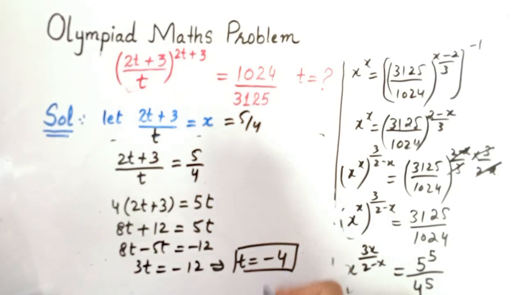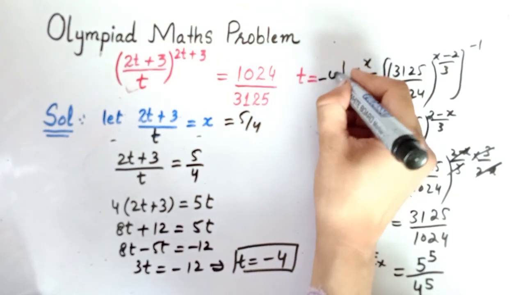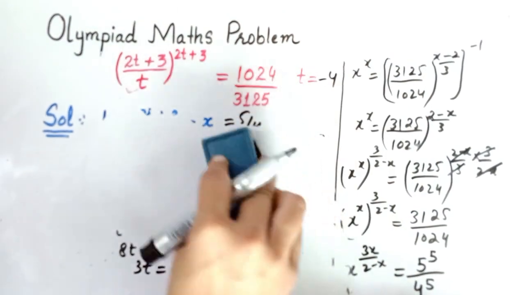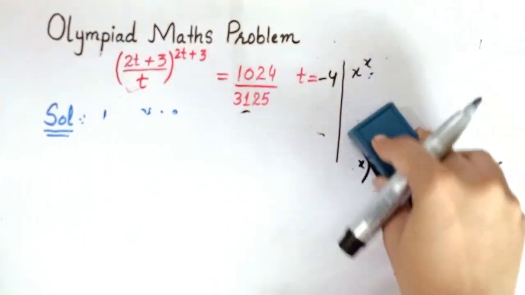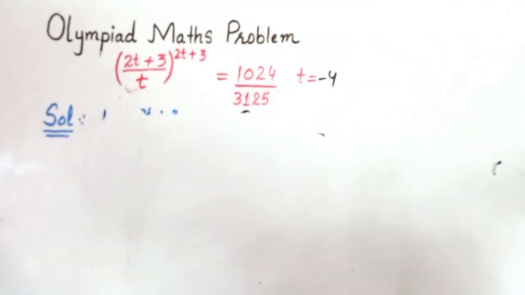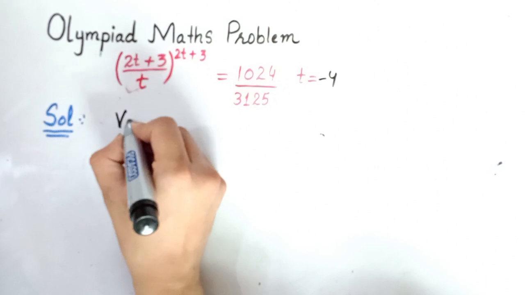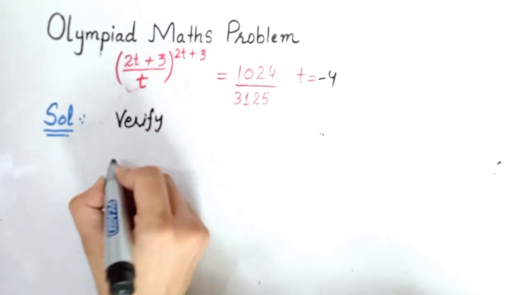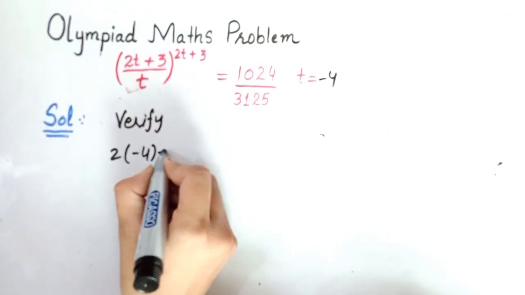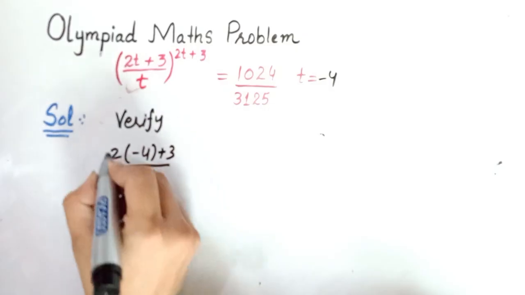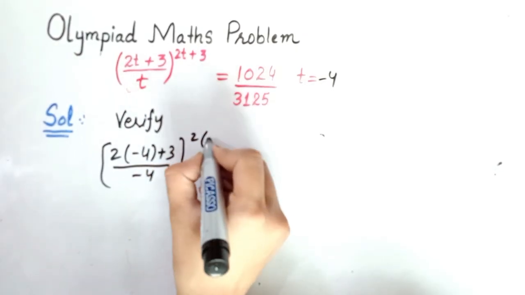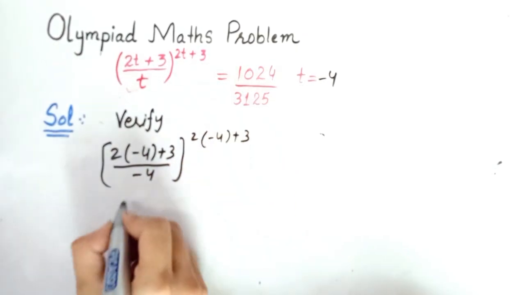Now we will do the verification. Is our answer correct or not? So verify this: (2 into minus 4 plus 3)/minus 4, whole power is 2 into minus 4 plus 3.